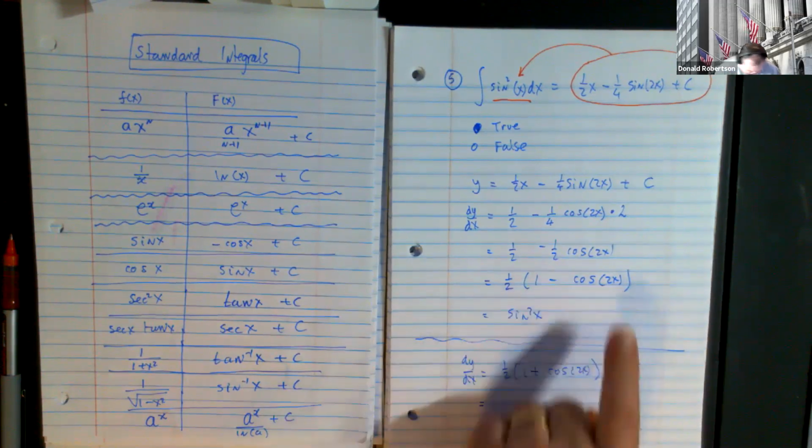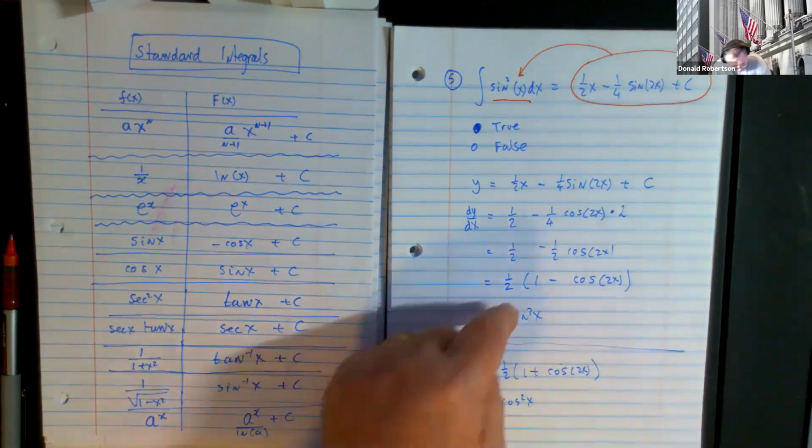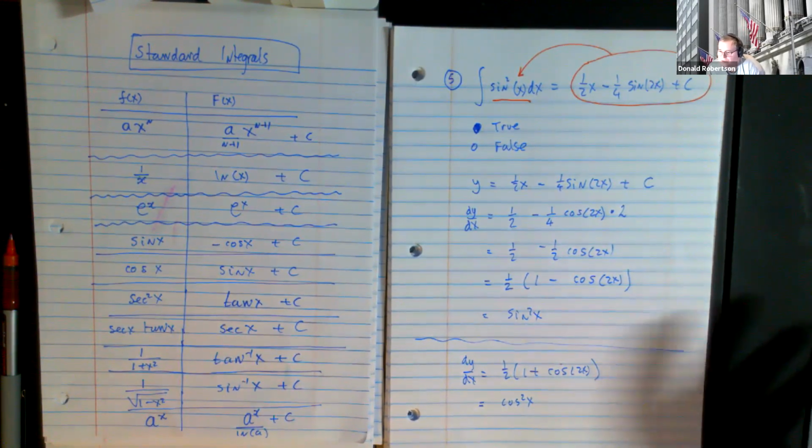Cosine squared x. It is. Now you may have just assumed that that's what it was, and it is. Can you see that if you do not know these kinds of things, you're going to get stuck at the end of a question because you really don't know what it is and you don't know where it goes?